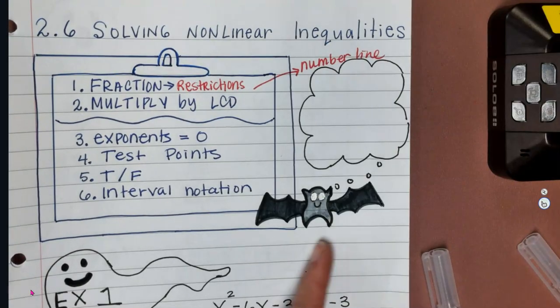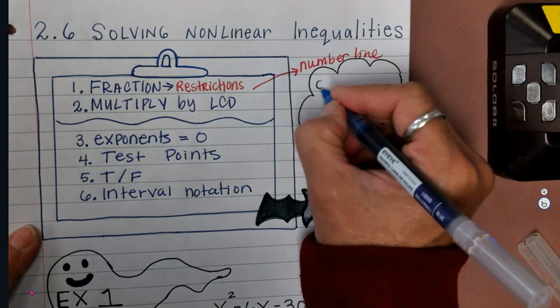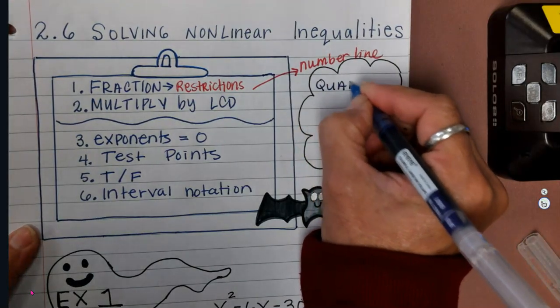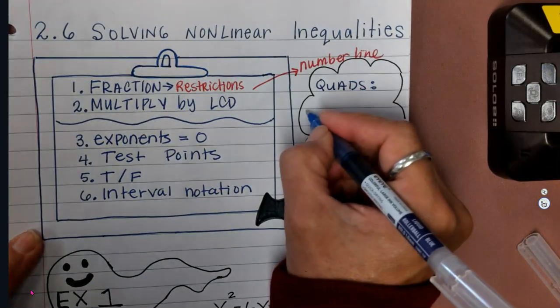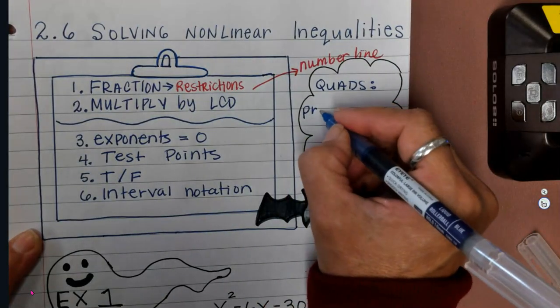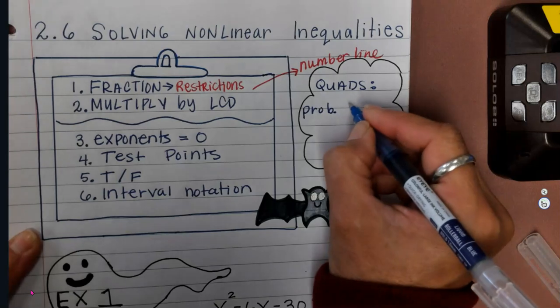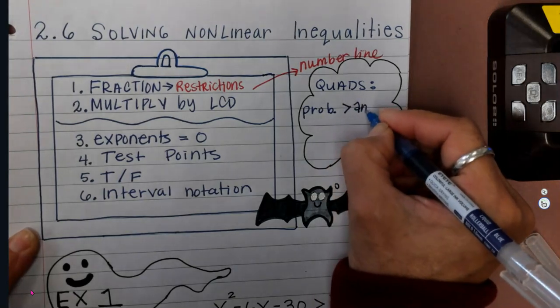And Buddy the Bat, he's got a tip for you. For quadratics, and only quadratics, you're going to have a problem like x squared plus 6x equals 9 or something. You're going to have the inequality symbol, and it's going to equal an answer.